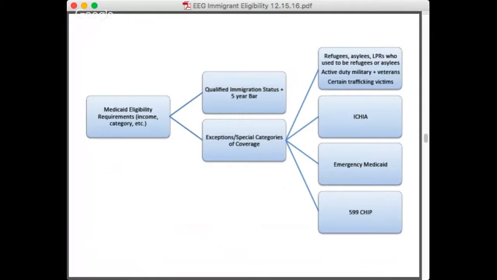However, there are exceptions or special categories of coverage that are not subject to the 5-year bar. These are what we just talked about, which are refugees and asylees, military and veterans, certain trafficking victims, and then ACA, emergency Medicaid or EMSA, and 599 CHIP, which is what we'll talk about now.